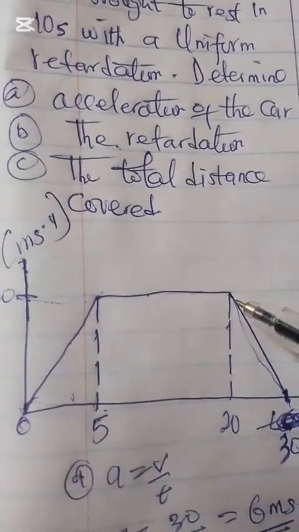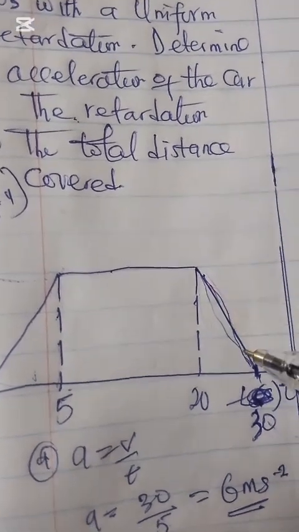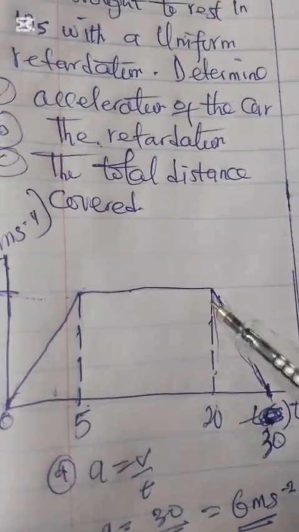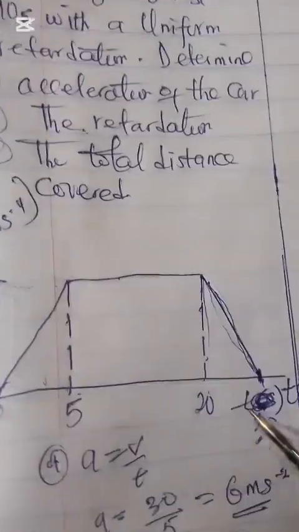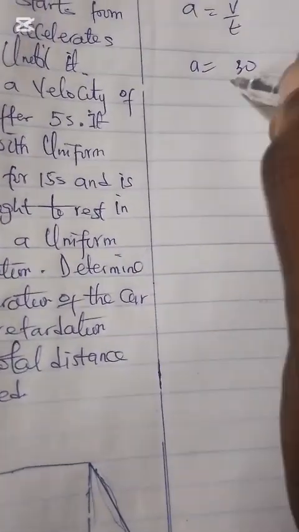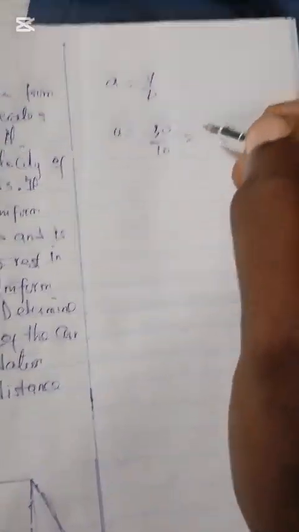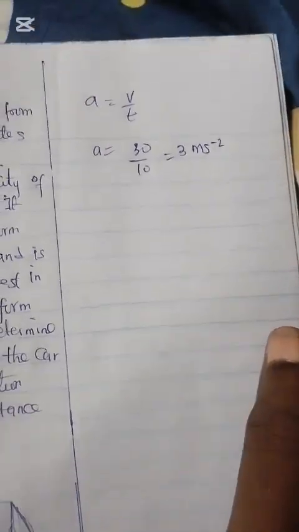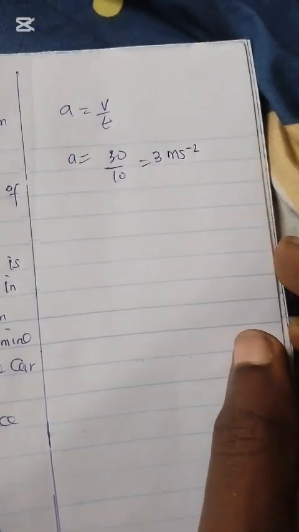So our retardation should be this particular shape. Remember, the height is the velocity, which is 30, divided by the time, which is 10. So we have 30 divided by 10, which will give us 3 meters per second squared. That is the retardation of the car.